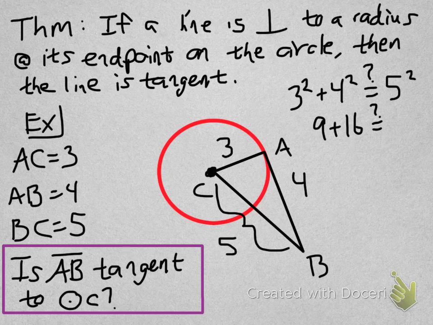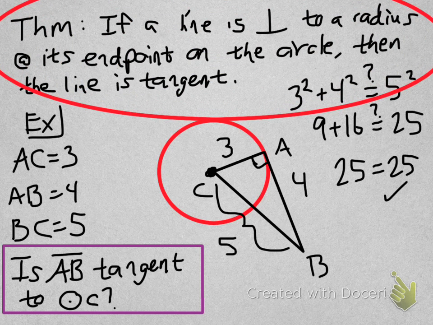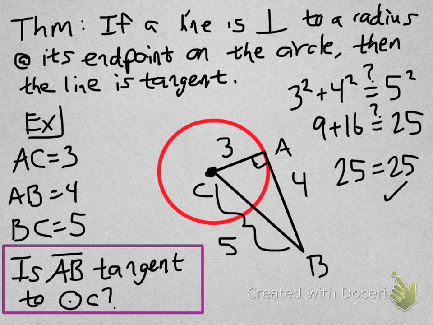And we want to see, does this equal 25? Well, what's 9 plus 16? It's just 25. So since they are equal, then we say, yes, it is a right triangle. Therefore, it meets at 90 degrees. Therefore, as the theorem says, it is tangent. So the answer here would be yes, it is tangent.